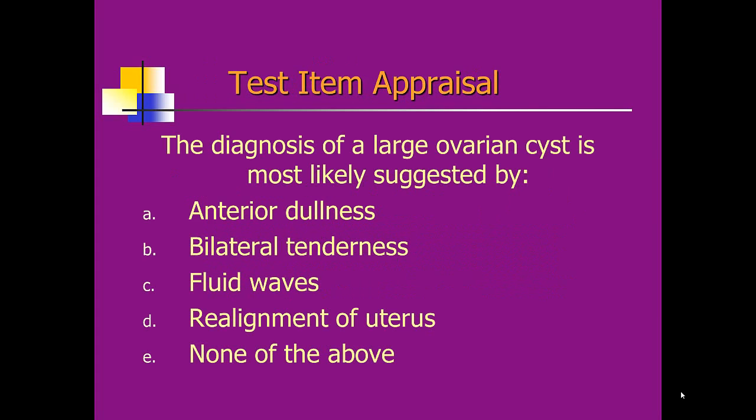So here's yet another example. This is in alpha order, most likely suggested by. So what's good and bad about the construction of this test item?